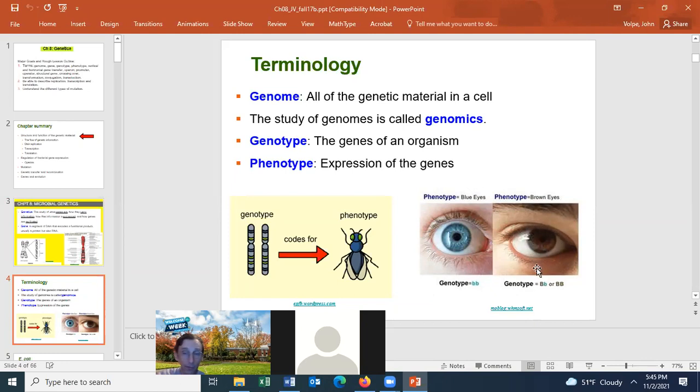But brown-eyed individuals may also have the genotype uppercase B, or meaning brown-eyed individuals, when that's their phenotype, they have brown eyes, their genotype can be uppercase B, lowercase b, or two uppercase B genes. Any question about that? The phenotype is encoded by the genotype.